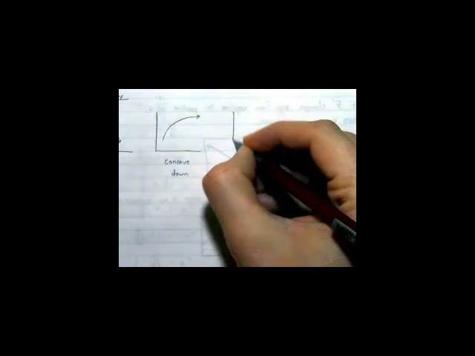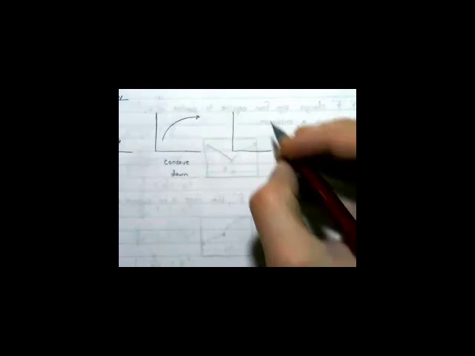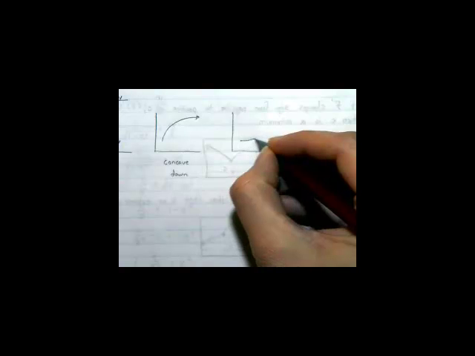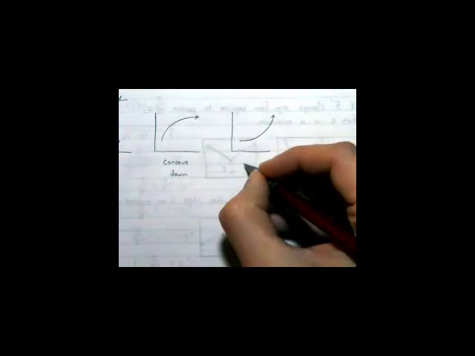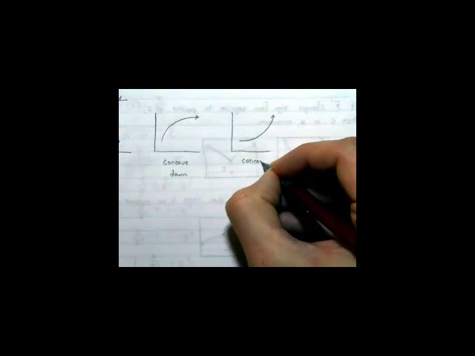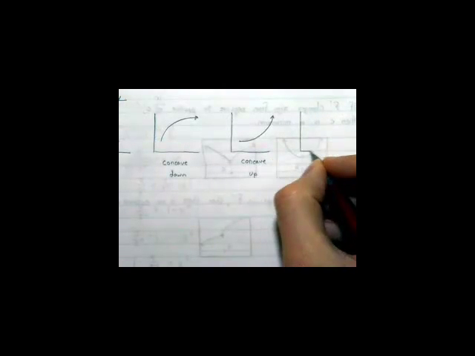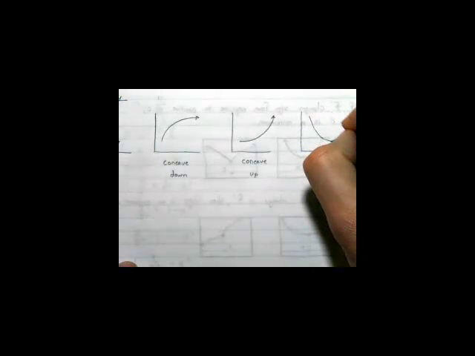And then concave up could be increasing or decreasing, same kind of thing. So if we were doing a concave up, it could look like this. That's concave up. And then if it were decreasing but concave up, it would look something like this.